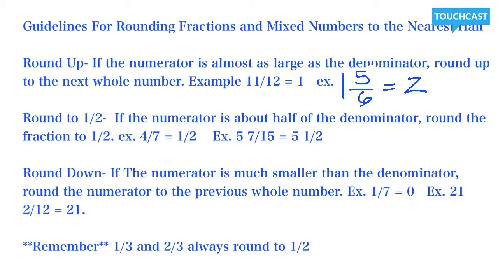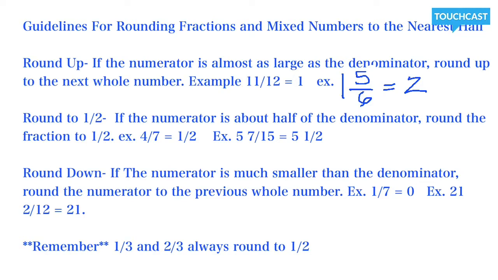If you have a mixed number like 1 and 5/6, you can ignore the whole number and focus on the 5/6. Because 5 is very close to 6, and 6/6 equals 1 whole, the 5/6 would round to the next whole. You would then add that on to the other whole number that's there, and that would round to 2. Your answer would be 2.